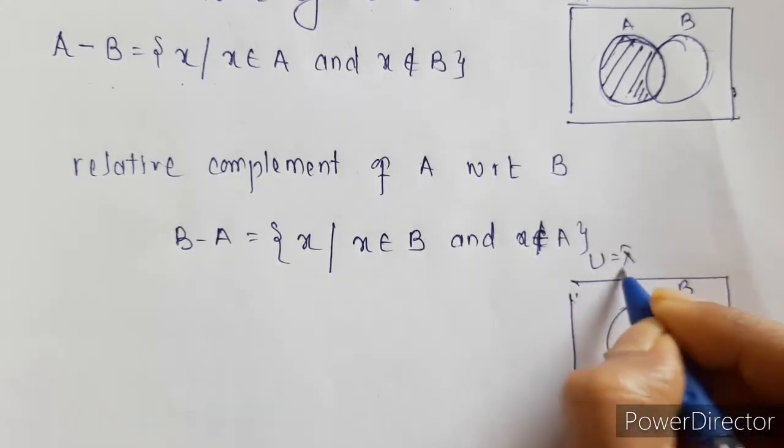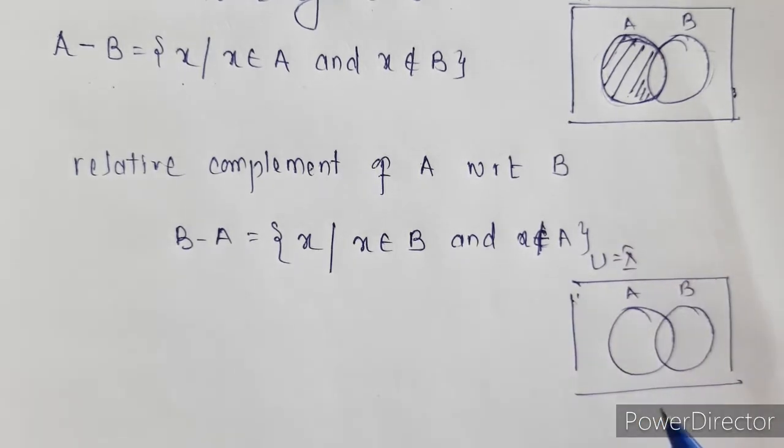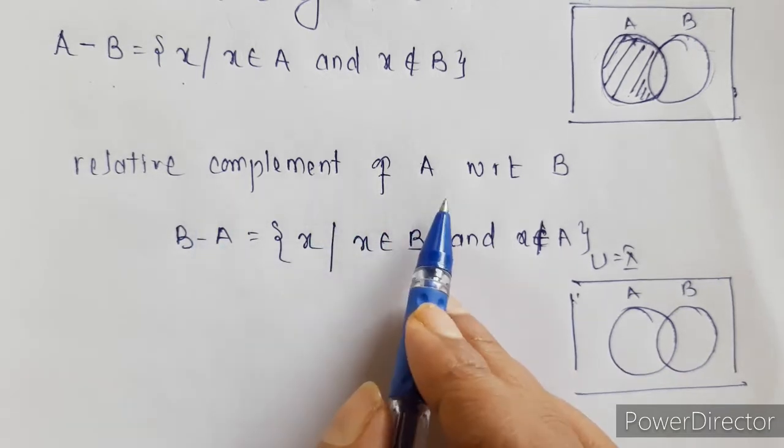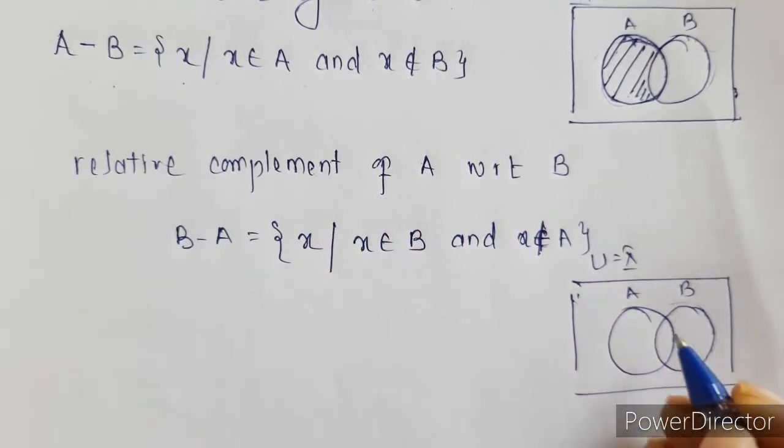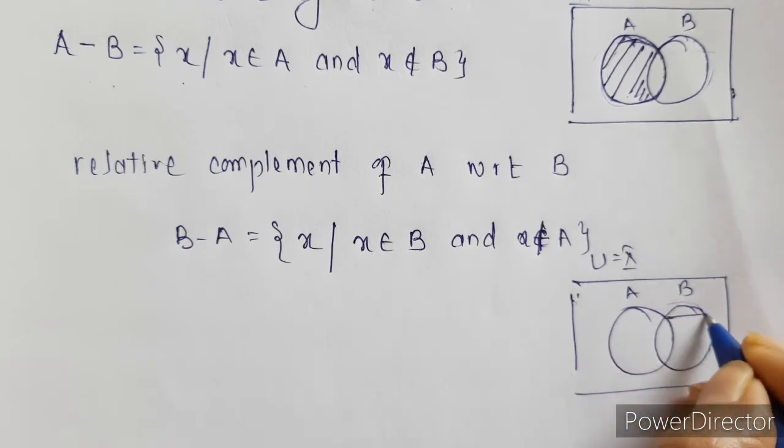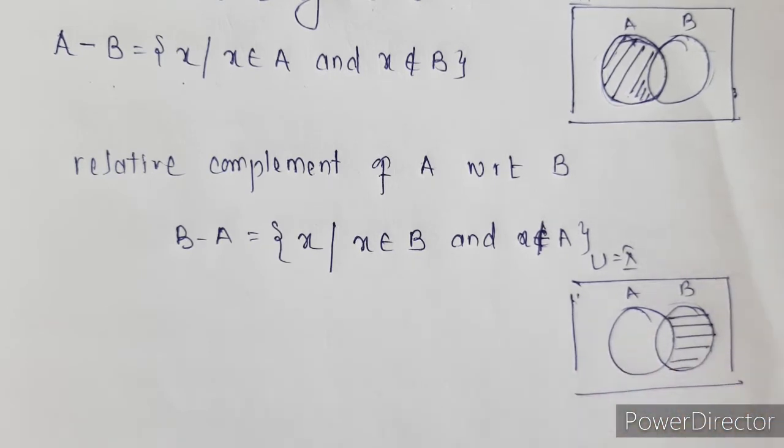Now we are looking for B difference A, that is relative complement of A with respect to B. So, we have to consider B, and from this we have to subtract A. So, remaining is going to be your B difference A, or relative complement of A with respect to B.